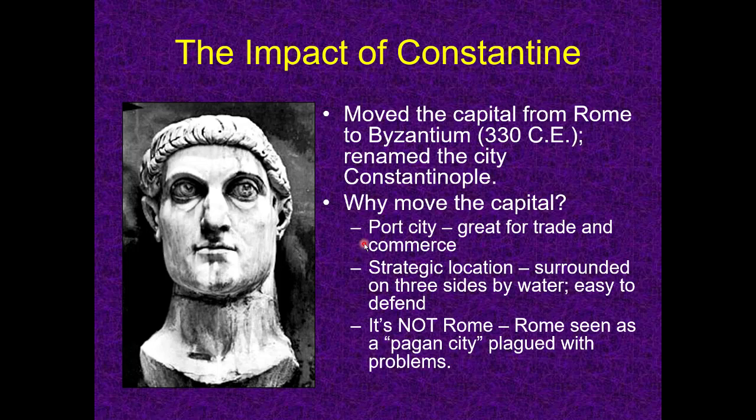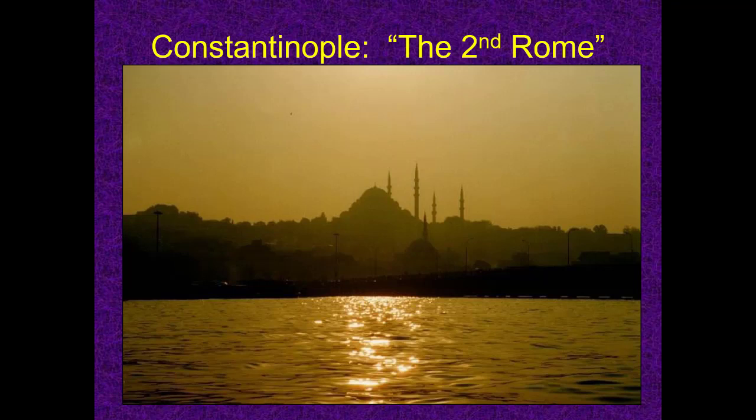And he is going to convert the entire empire to Christianity, by the way. So he's the first emperor to really take on Christianity as a way to hold the empire, what's left of it, together. So Constantinople becomes the second Rome. By the way, these minarets were added by the Muslims after they conquered Constantinople in 1453. So that was not something the Romans built.